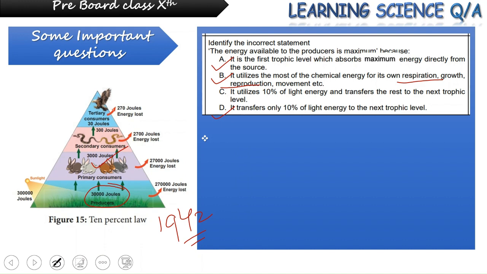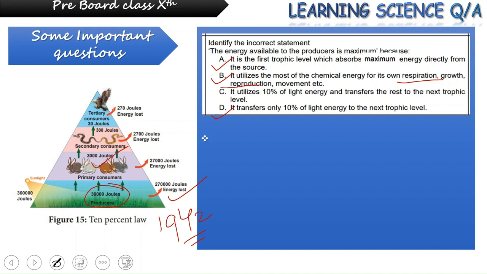Also, a good amount of energy is lost as dissipation or heat loss, whereas the remaining energy is utilized by the trophic level itself for maintaining its own life processes.